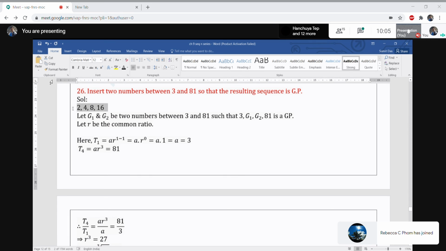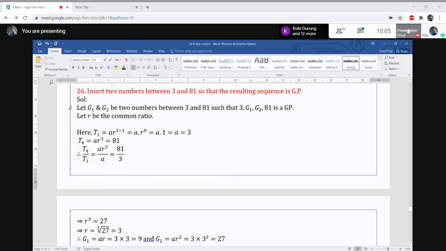So for this reason, I'm taking, let G1 and G2 be the two numbers between 3 and 81 such that 3, G1, G2, 81 is a GP. We are taking the numbers inside 3 and 81 as G1 and G2, and we are taking common ratio as small r.